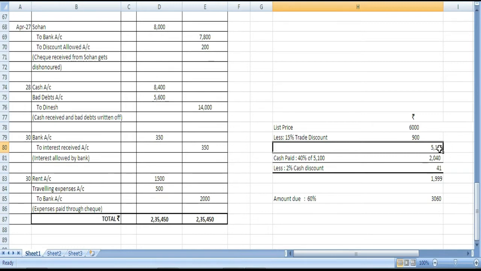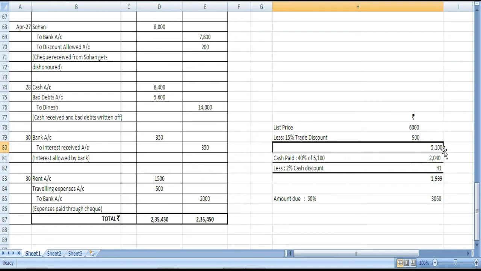Then it says that 2% is cash discount. So we will not get cash discount on this 5,100 because the full 5,100 has not yet been paid to Khanna Brothers.